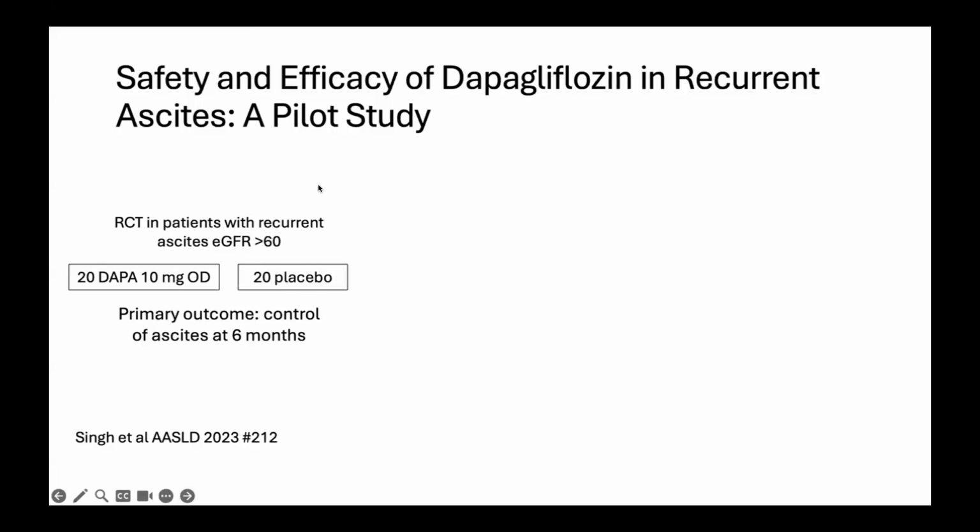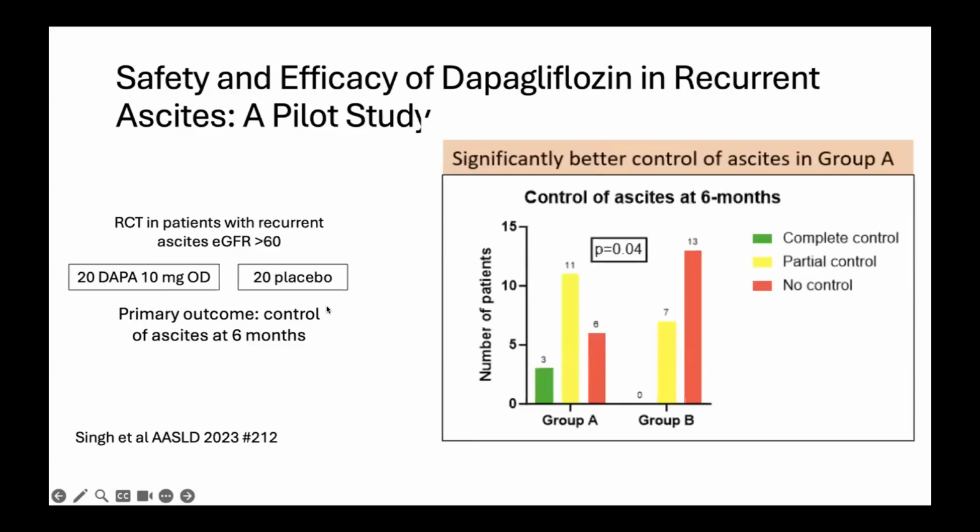Again, very difficult interpretation when you just give it in a non-randomized fashion, but these authors were bold enough to do a randomized trial. It was a pilot trial with dapagliflozin 10 versus placebo. The primary outcome was control of ascites at 6 months. And as you can see here, the control of ascites was much better with dapagliflozin.